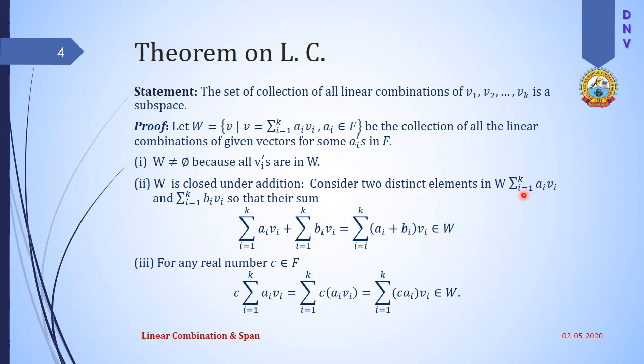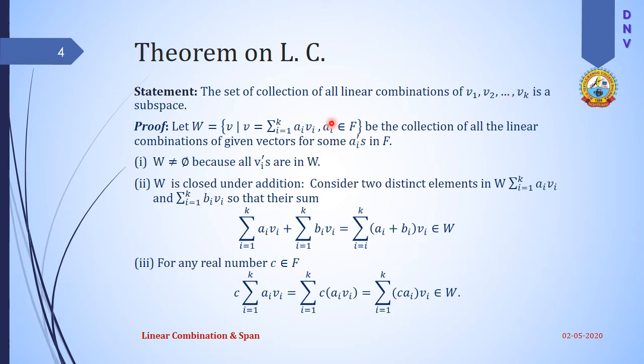Second, we take two different linear combinations in W. First is the summation of aivi and second is the summation of bivi. Somebody may ask, why have you taken a and b different, whereas you have taken only vi here and vi here? Mind it that these are the vectors which cannot be changed.